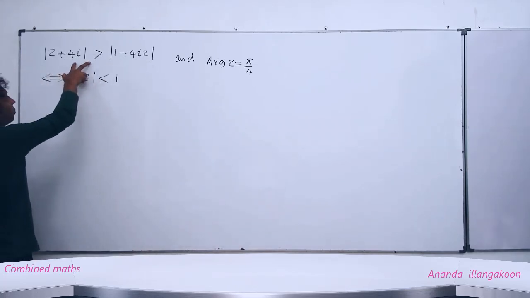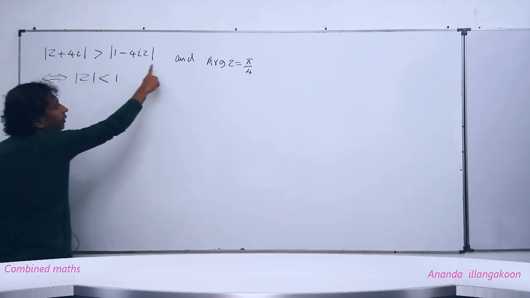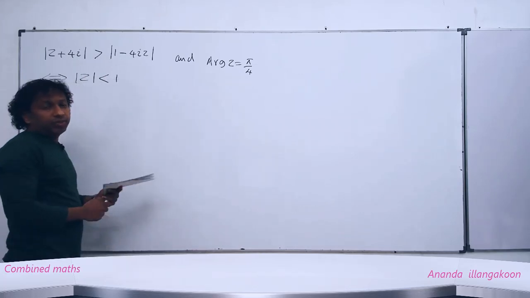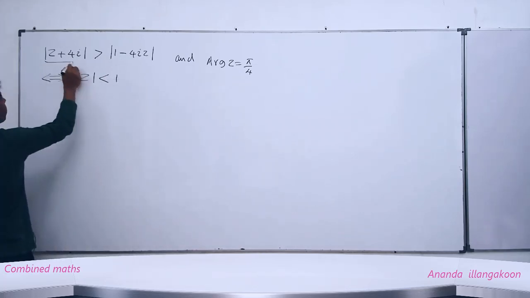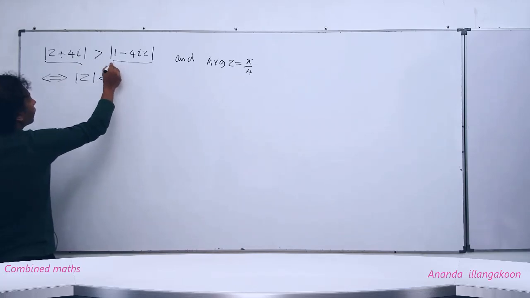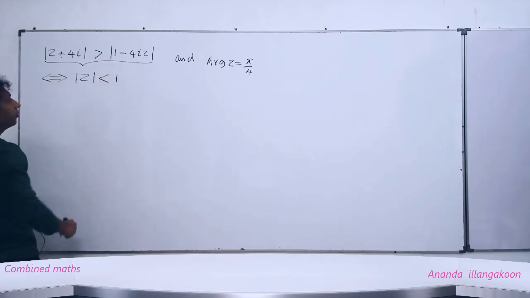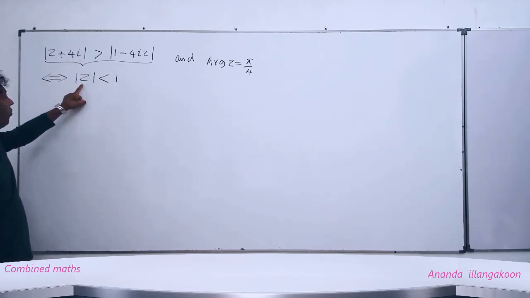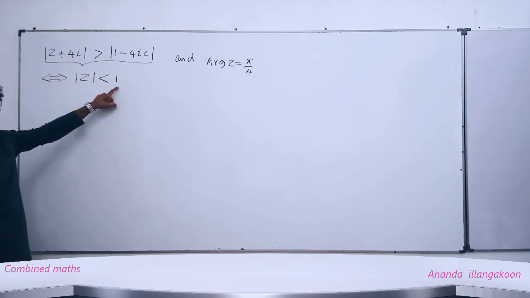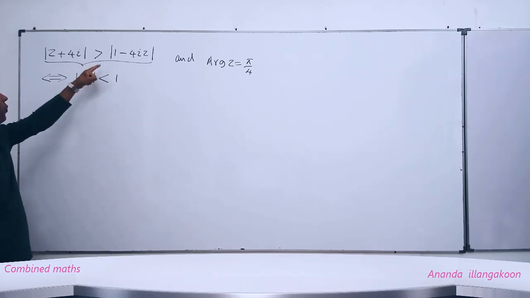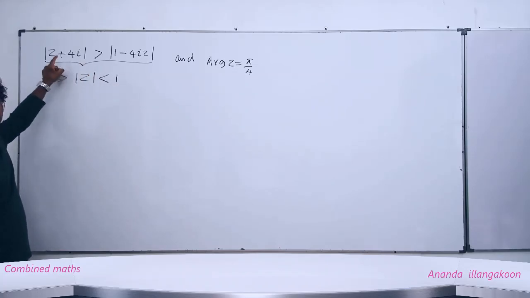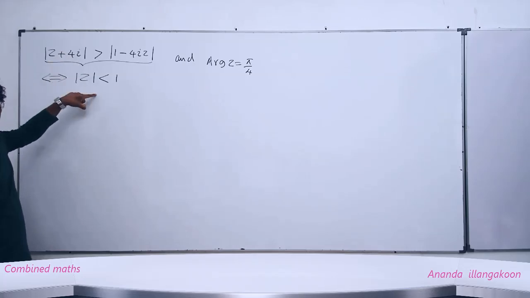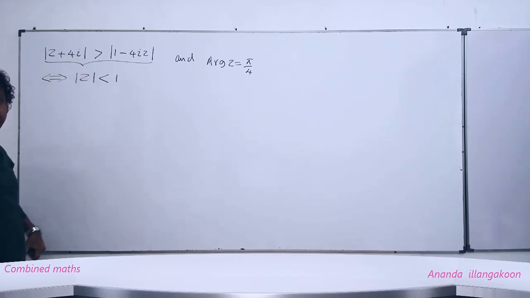We are asked to construct the common region for this and this. Now this means mod z less than 1. We proved by if and only if that this implies this, and this implies this. Both directions we proved.